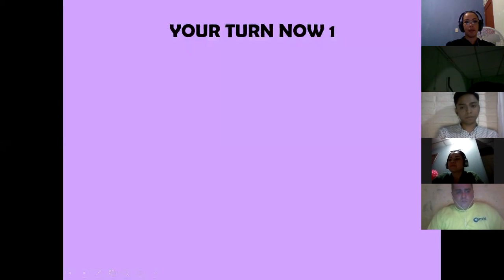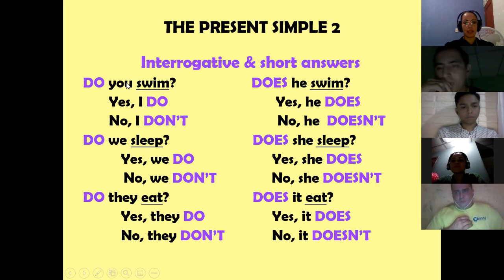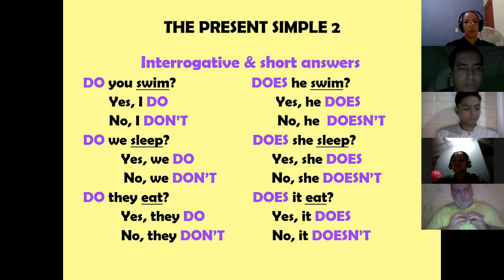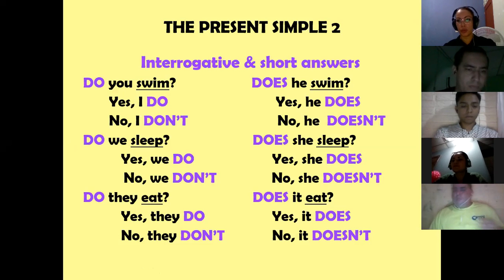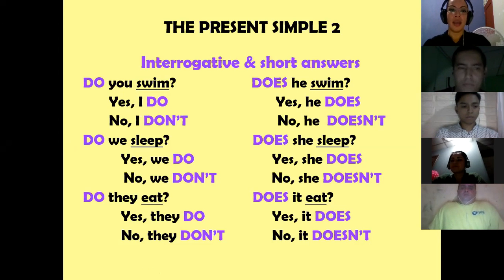As you can see, we use first the auxiliary. The auxiliary will depend on the subject, right? If the subject is I, you, we, or they, we use the auxiliary do. If the subject is the third person singular, we use the auxiliary does, okay?